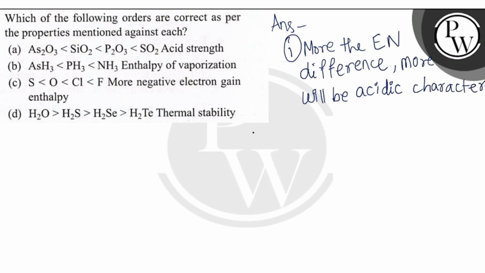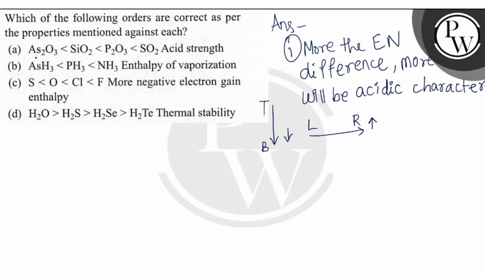But what is the thing? If we move from top to bottom along a group, the acidic nature generally decreases, and when we move from left to right along a period, the acidic character increases. So what would be the order?